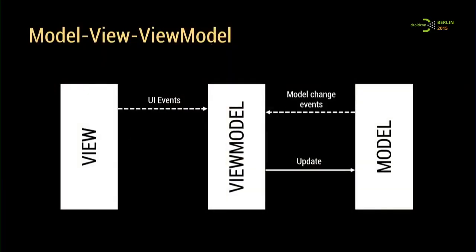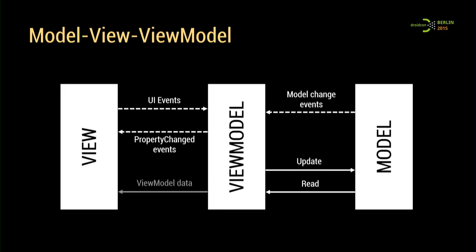The view model will get this event, maybe read the data from the model, because the view model has this data inside it, and then raise the property changed event, which is really important because this is the key to the view model. And when the view gets this property changed event, it will, for example, get this data from the view model and display it on the view, which is quite similar, as I said, to Model-View-Presenter.